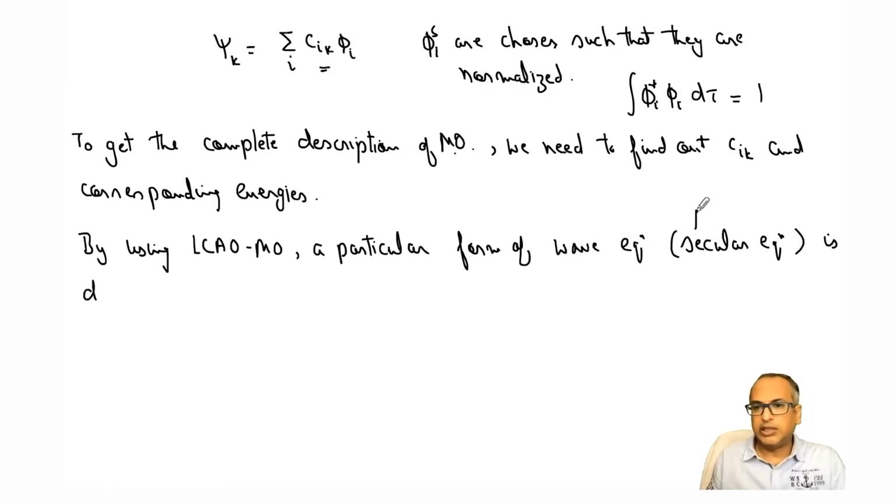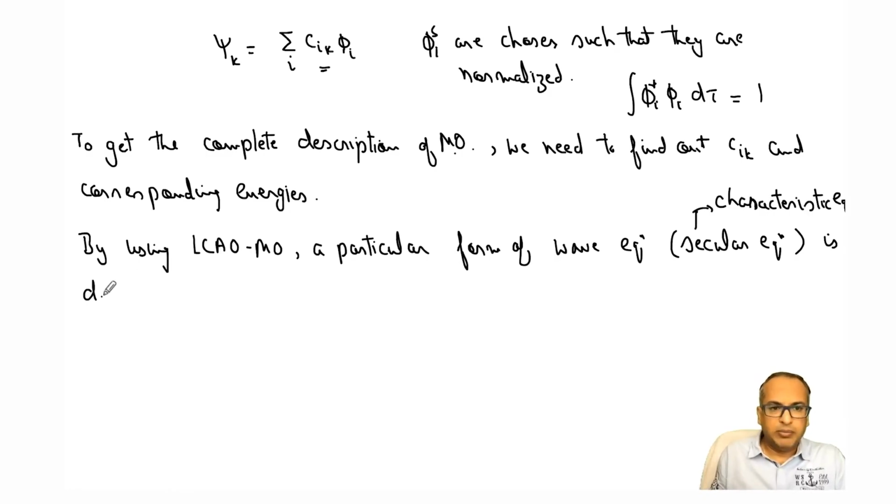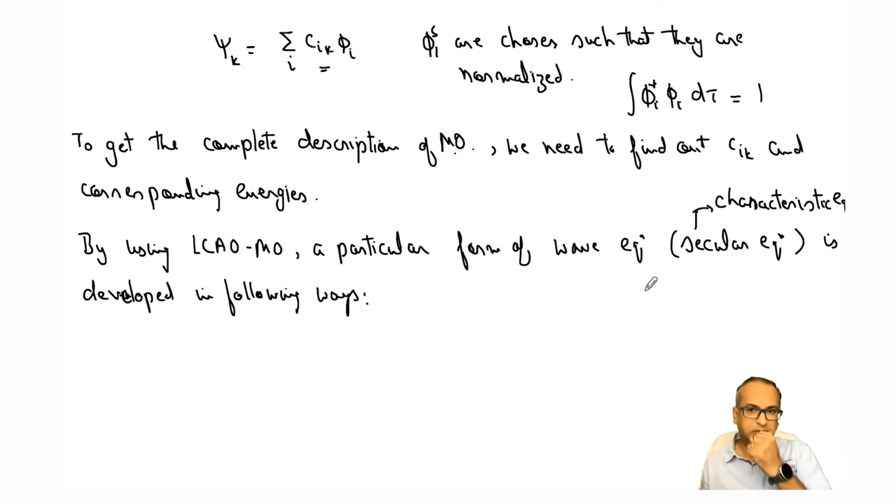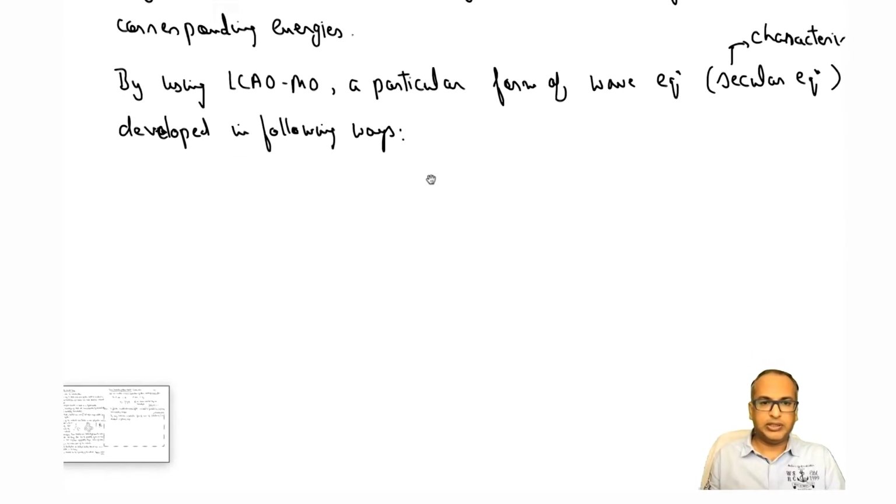In some books, you will see that this is also written as the characteristic equation. So let us try to develop the secular equation, which will be able to solve for the energies of the different molecular orbitals and the coefficients required for this linear combination. So let's start.